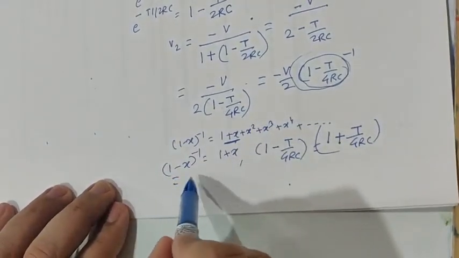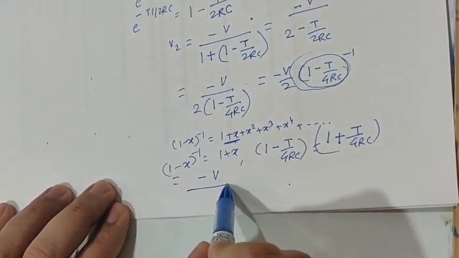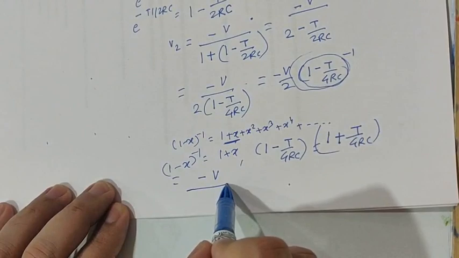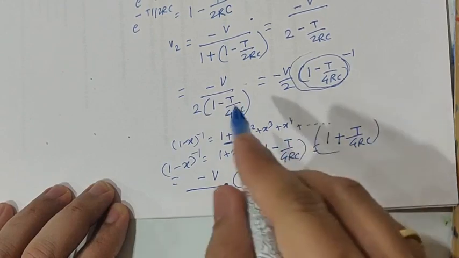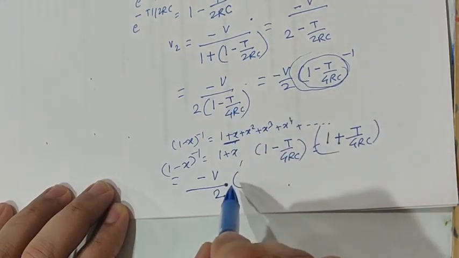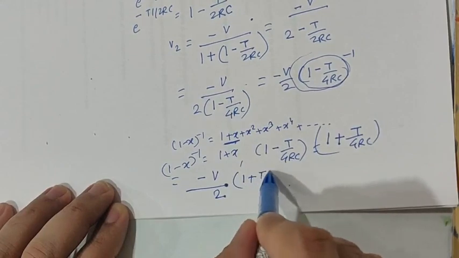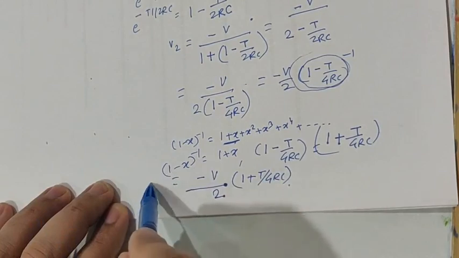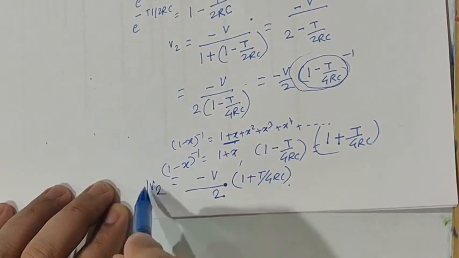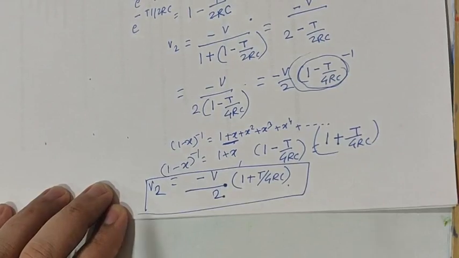My term is going to be minus V by 2 into, not upon, because we have taken it already on the upper side, 1 plus t by 4RC. This is the term called V2.